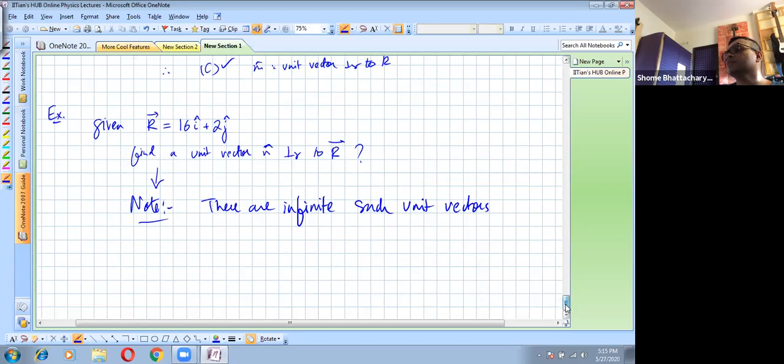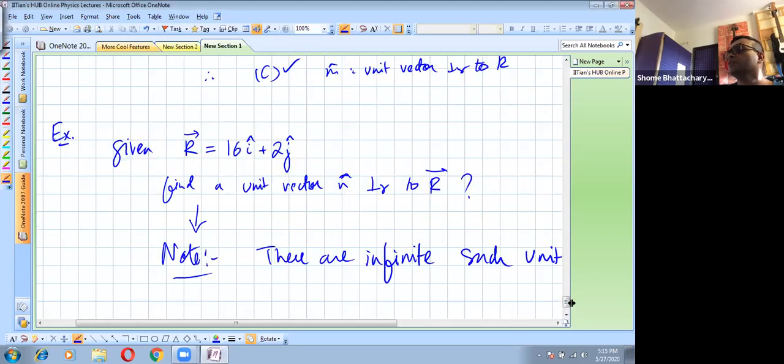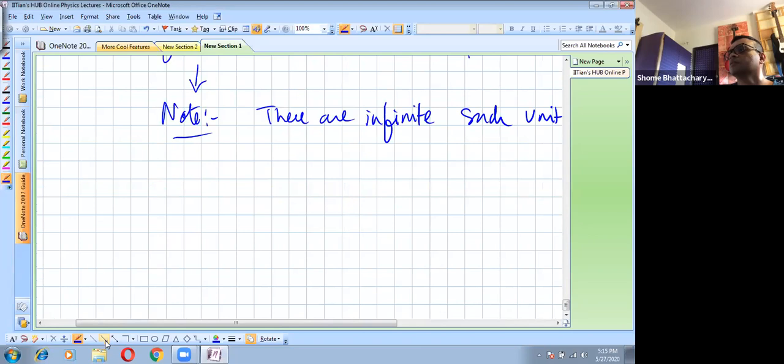Because what happens is, just visualize this now. Visualize your vector R as this one, suppose.